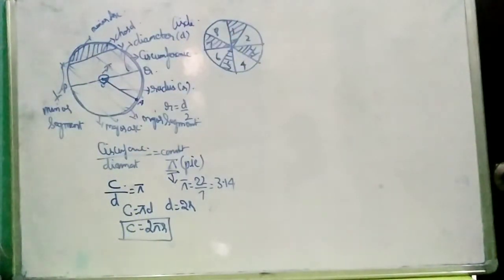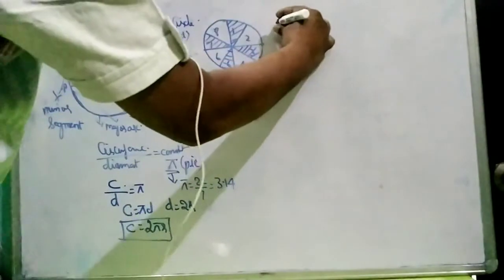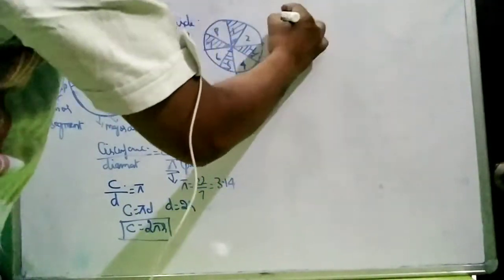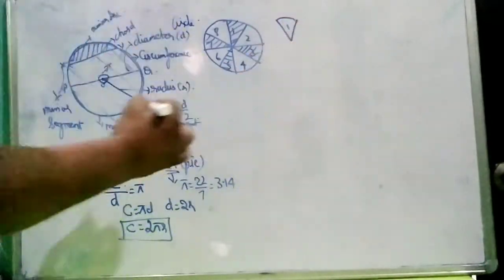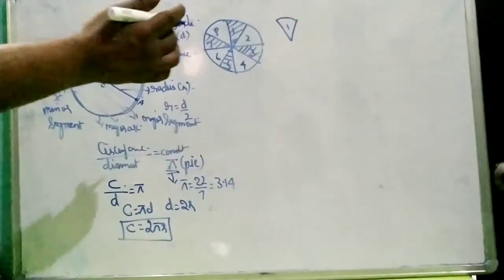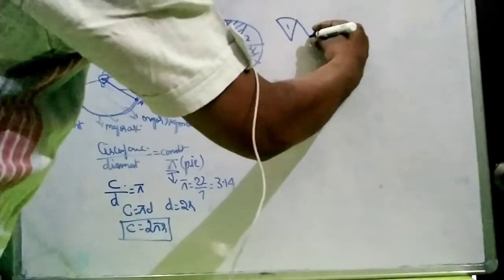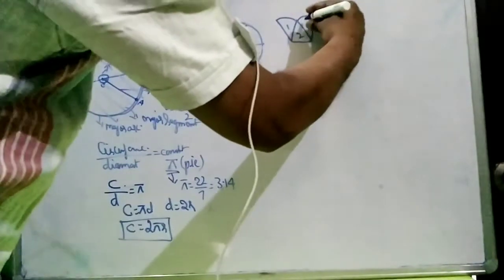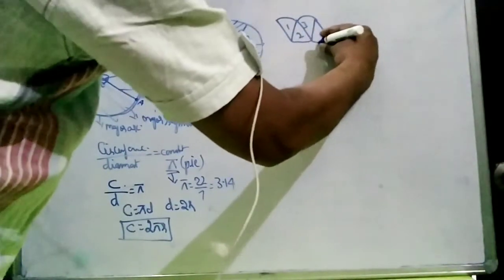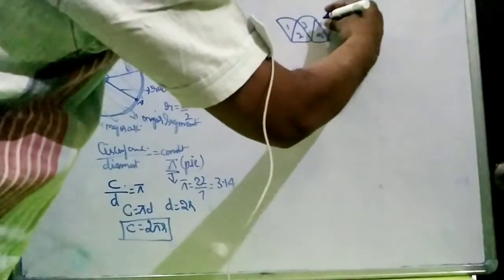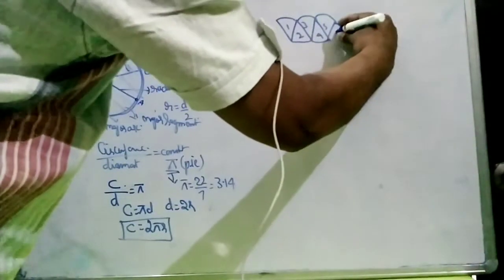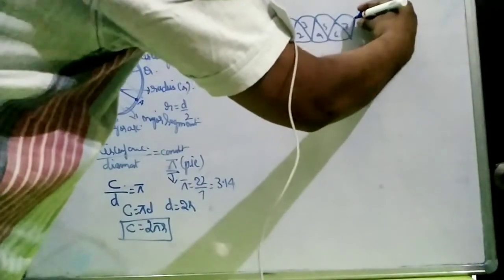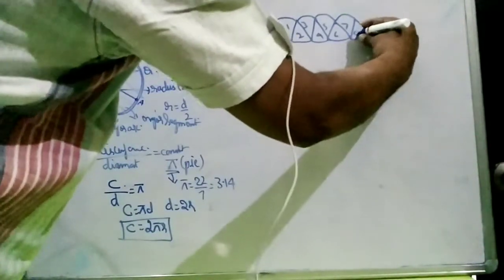If you take this first part, and if you take the second part which is inverted like this, this is the second part, this will be the third part, the fourth part, the fifth part, the sixth part, the seventh part, and the eighth part which I have shaded.